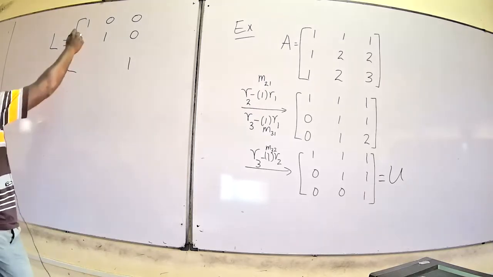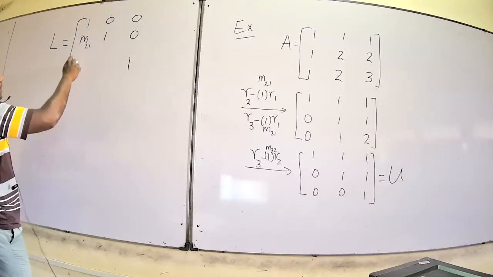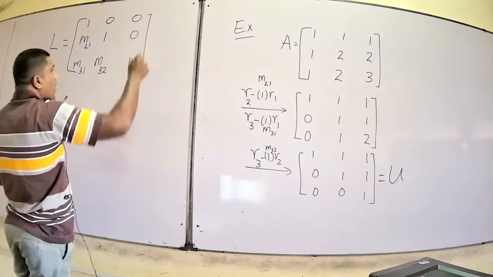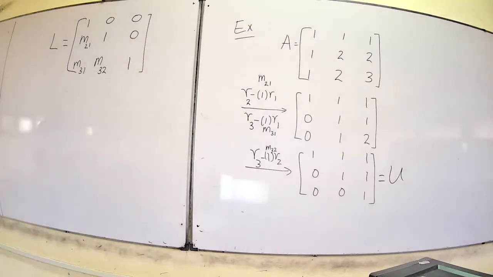I use the multipliers I computed in the Gaussian elimination as the terms on the lower triangular part. So M21, M31, M32 are here, and I put 1 along the diagonal, as I standardly do. This is called a unit lower triangular matrix.